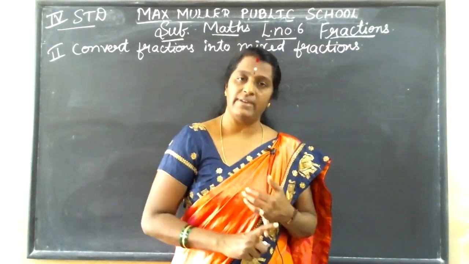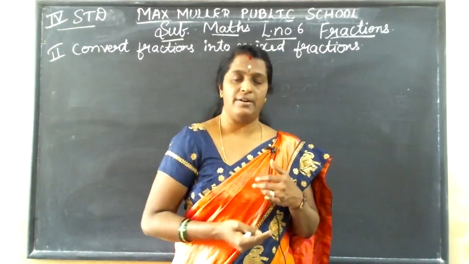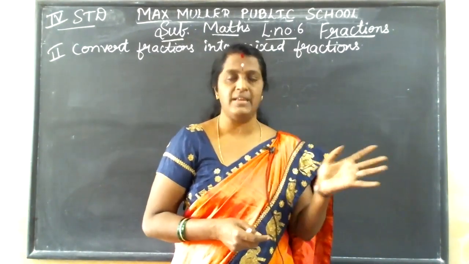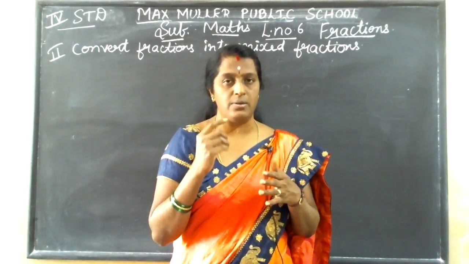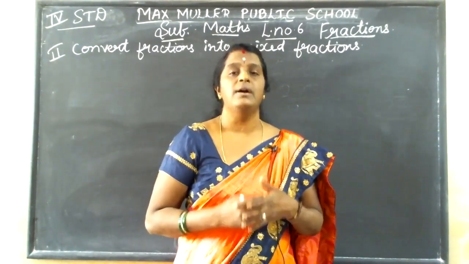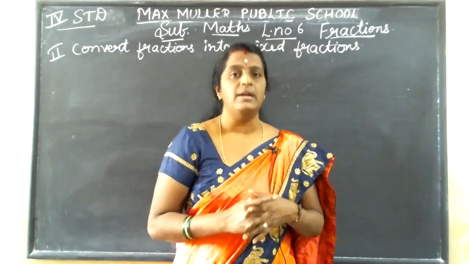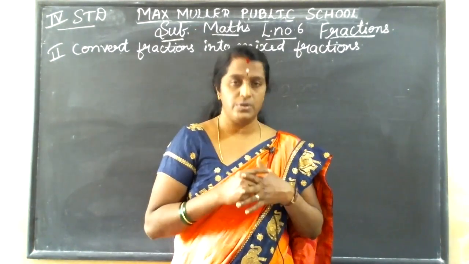Those who are not having the textbook, write the tables. In one class, Saturday it will come. So in one class, 2 ones are 2 up to 6 ones are 2 times; in the next class, 7 ones are 2 up to 12 ones are 2 times. Those who are not having the textbook, please write the tables of 2: in one class 2 to 6, in another class 7 to 12.